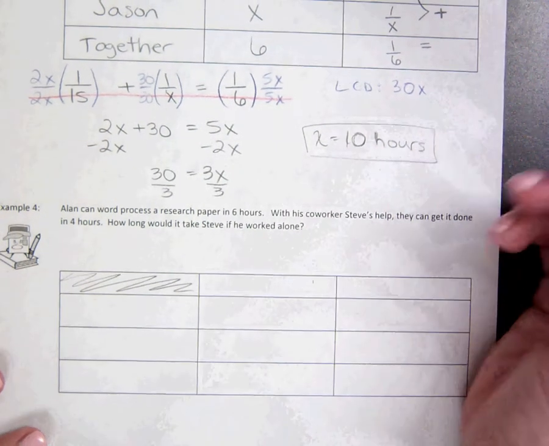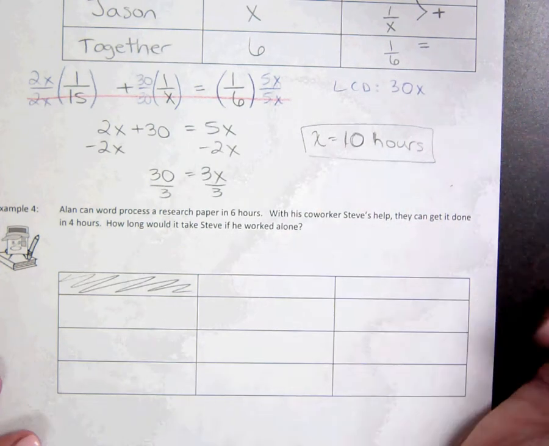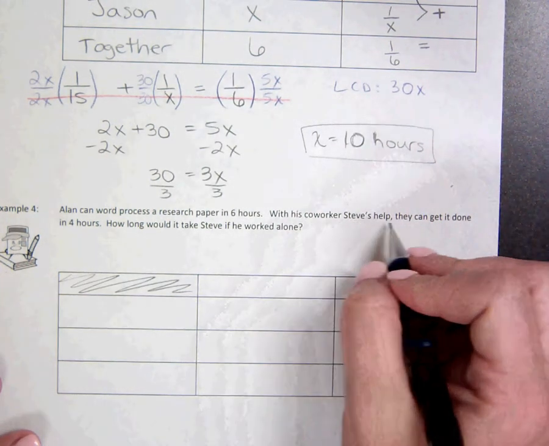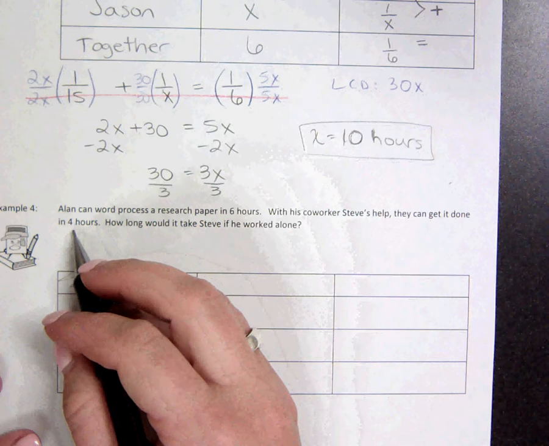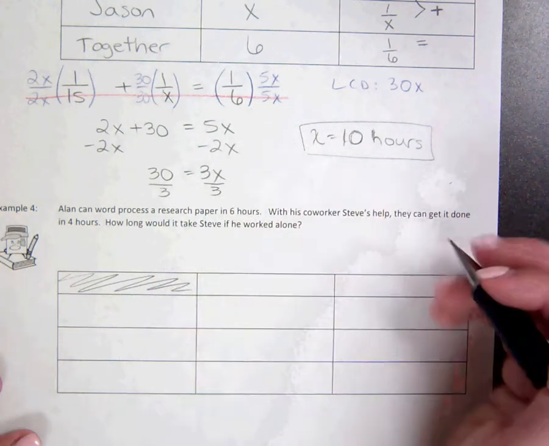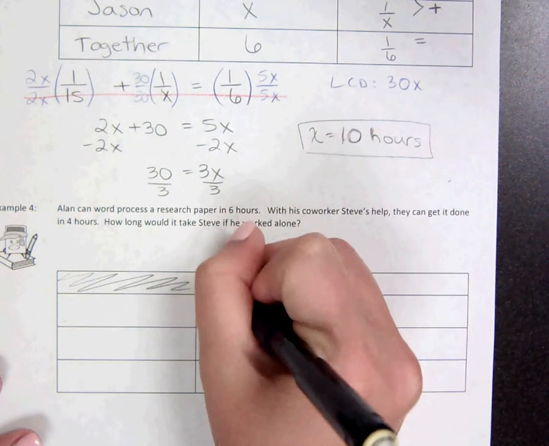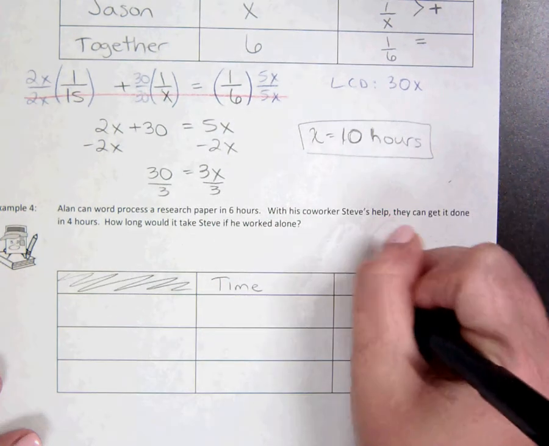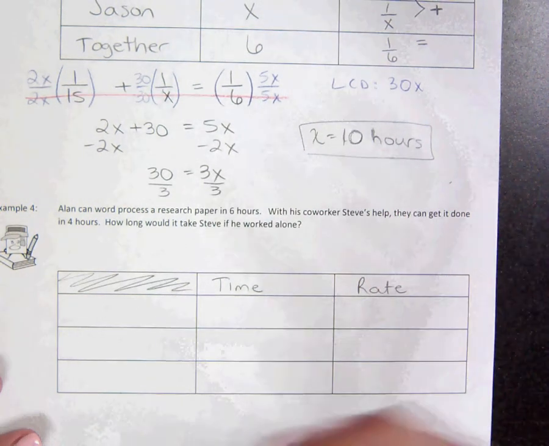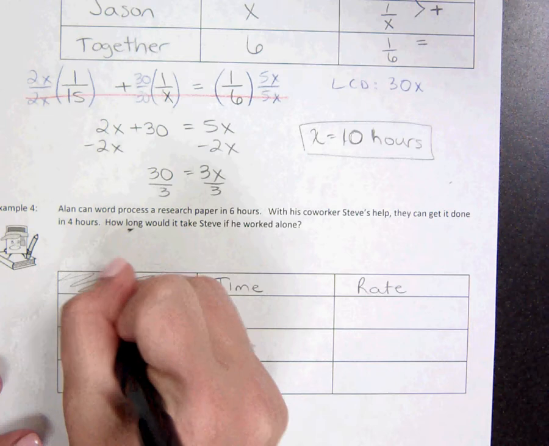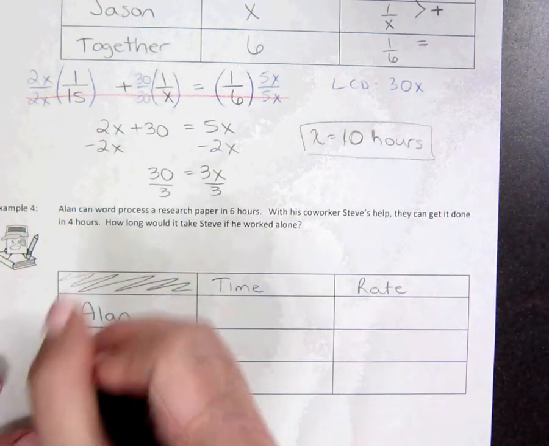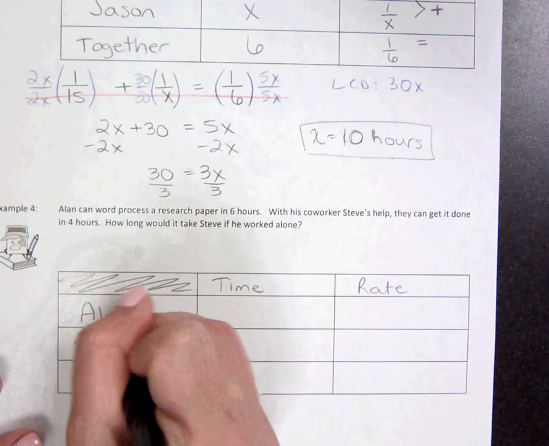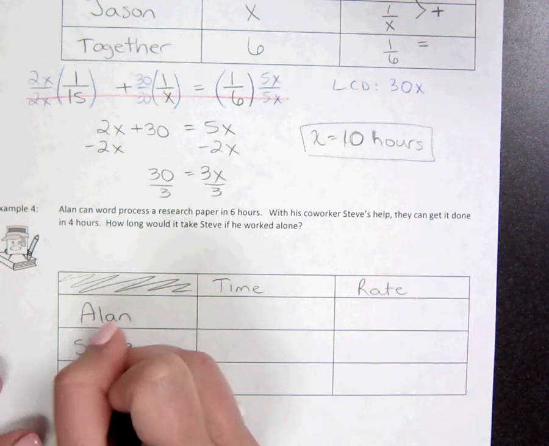So it says Alan can word process a research paper in 6 hours. With his coworker Steve's help, they can get it done in 4 hours. How long would it take Steve if he worked alone? So same setup, time and rate. Person A is Alan this time. Person B is Steve, and they're together time.